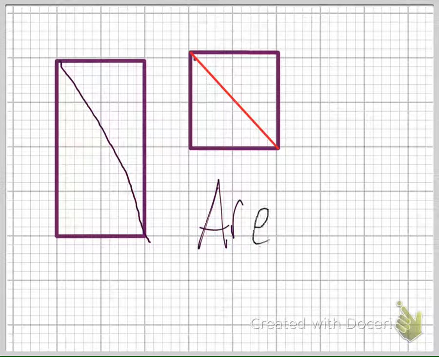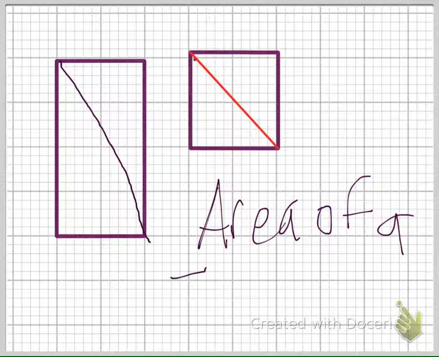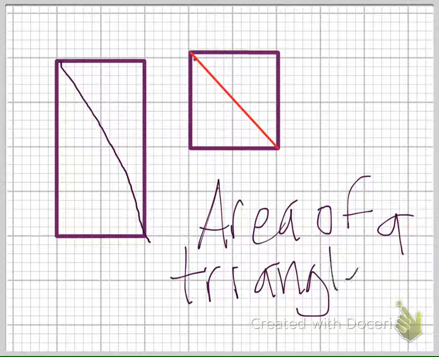That being the case, the way you would write a formula for area of a triangle, you would take base, because that's what we call the bottom of a triangle, times height, and then divide that in half.